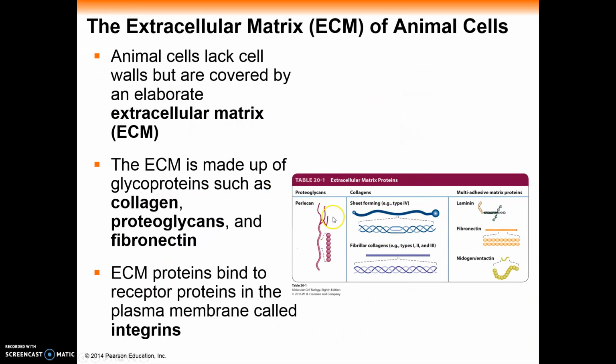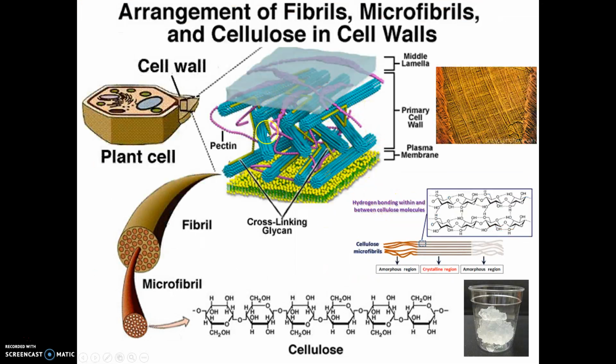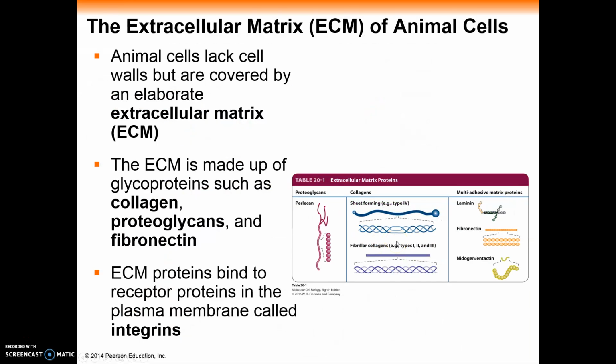And they are also cross-linked to each other with various other matrix proteins. So all in all, it has a very similar structure to what we see in the cell walls.